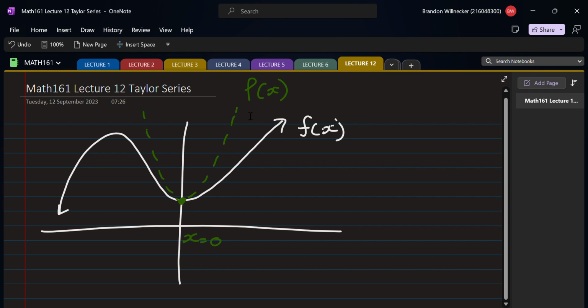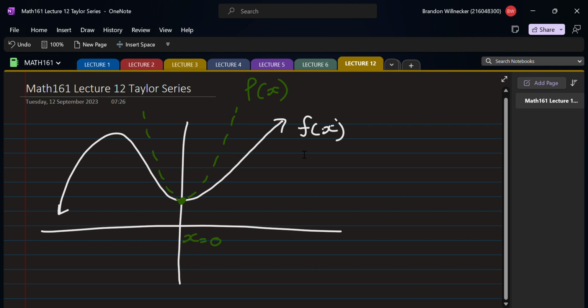If we have higher order polynomials, so like cubic or fourth order or fifth order, then we will see that we'll get a better approximation to this function. And in the limit of adding more and more terms, this polynomial becomes a Taylor series. And in the limit, the polynomial will then be exactly the same as our function.